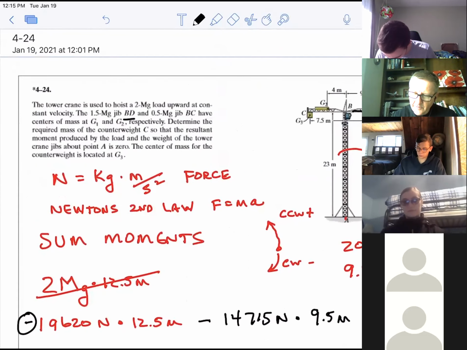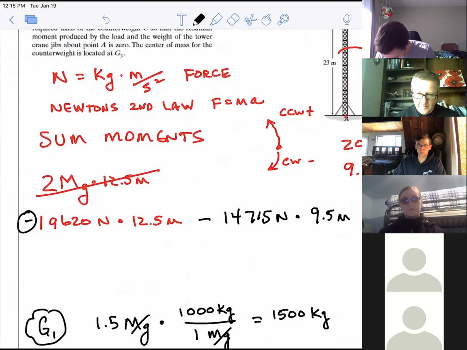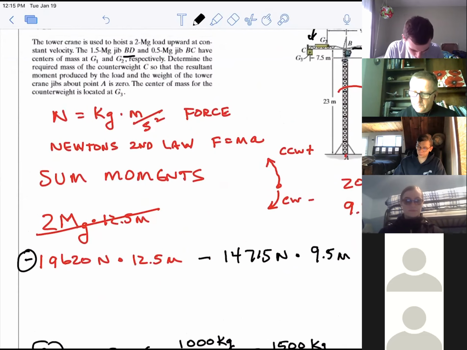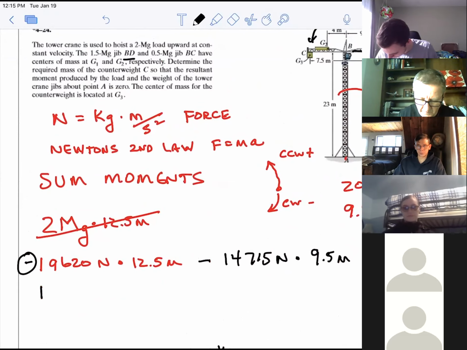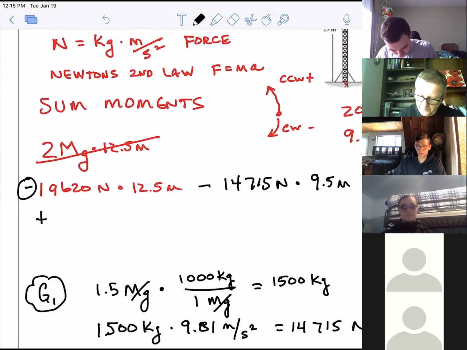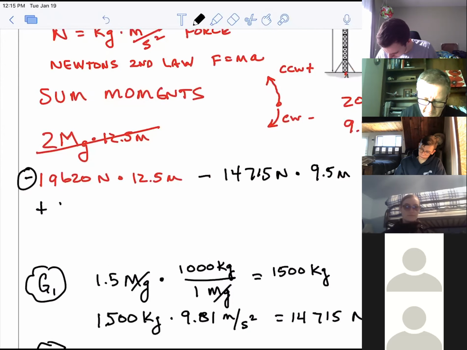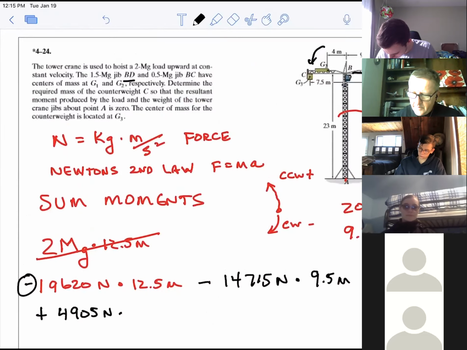But isn't that causing rotation that's going in the other direction? Again, it's very important you see this. That's counterclockwise rotation, which is actually positive. So now it's plus 4905 newtons times 4 meters.